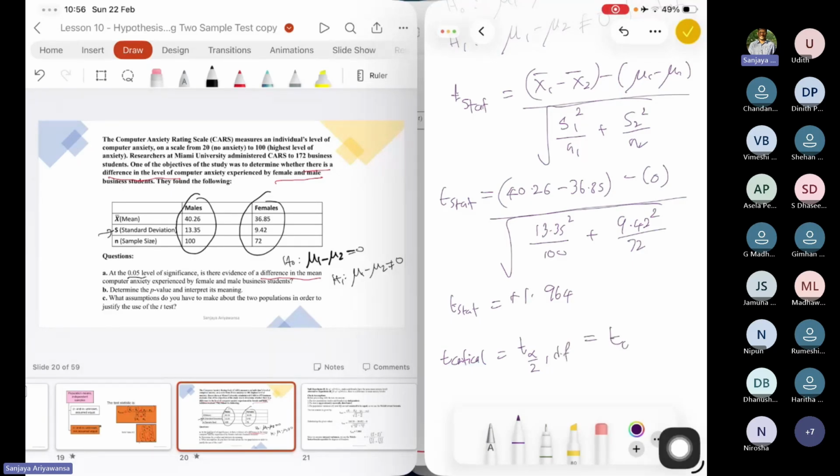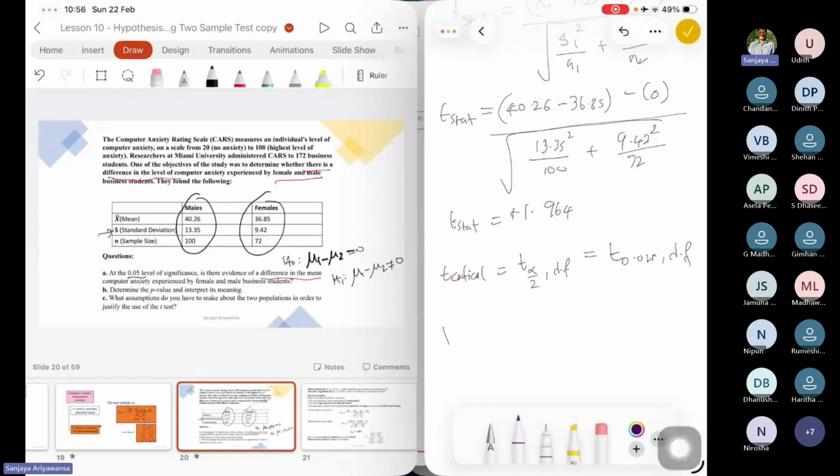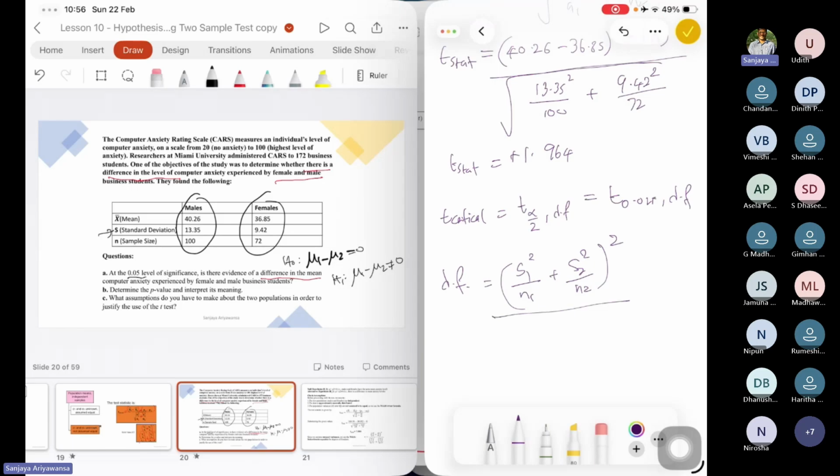Alpha divided by 2 is 0.025, comma degrees of freedom. Now we have to separately calculate the degrees of freedom using that long equation. I quickly copy paste that equation from the equation page. Make sure that you copy paste it properly, because these are small mistakes you can make when you're mentally tired, right? Plus S2 squared divided by N2 squared, N2 minus 1.